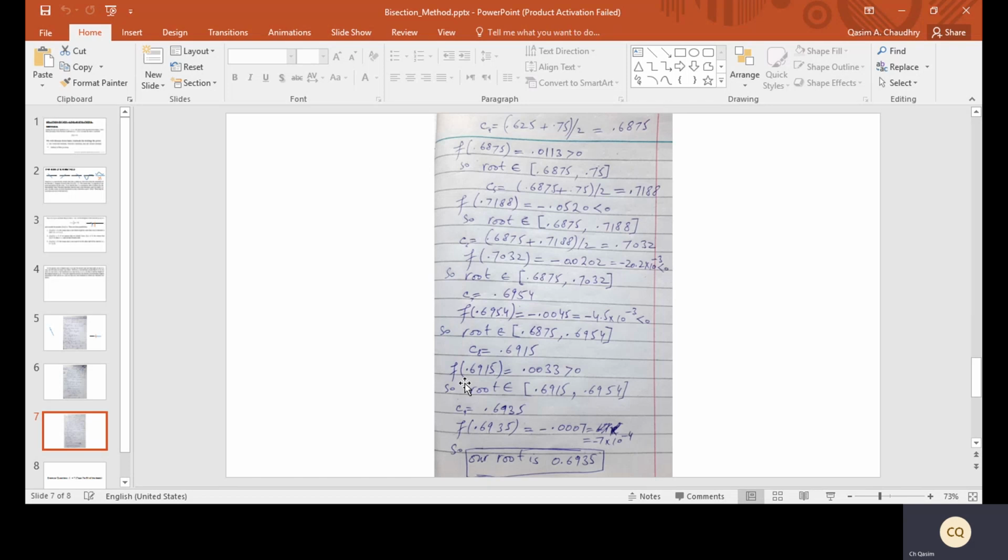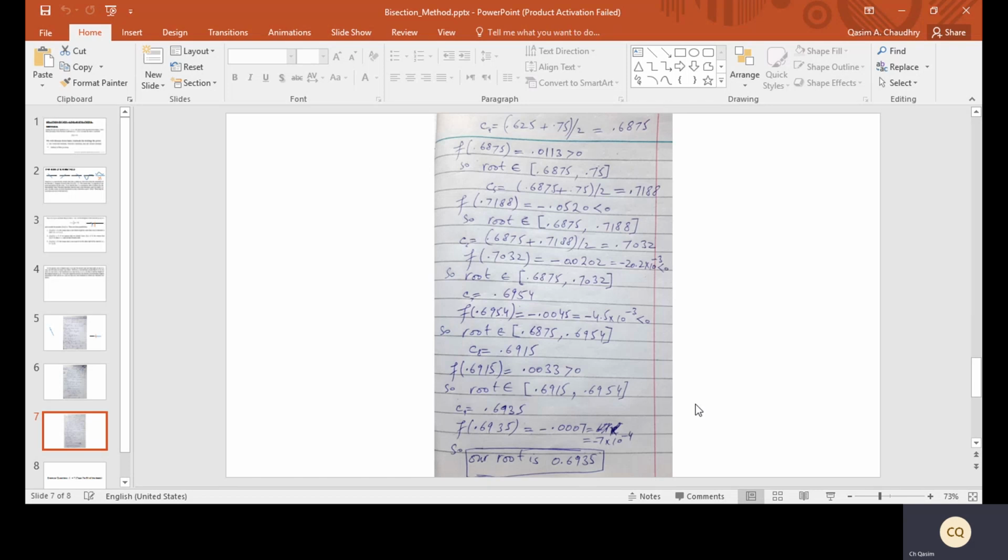Students, now 2 or 3 points are important. The first point is why I have shown this one. What is the reason behind it? Actually, sometimes in the exam or in practical life, you are asked that since the root means the point at which the function is 0, the final answer should be 0.